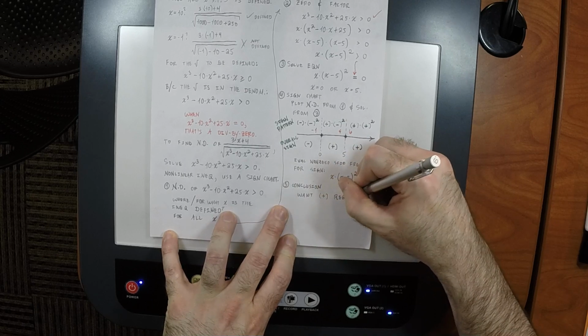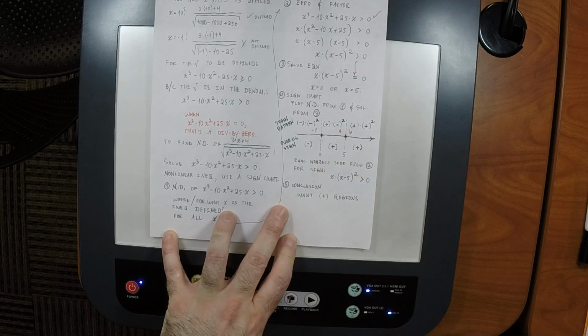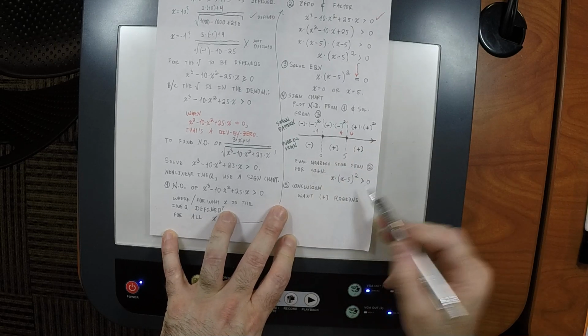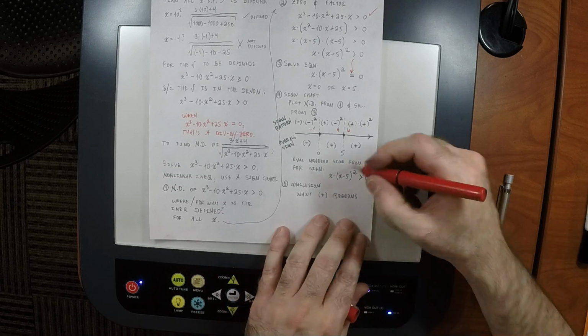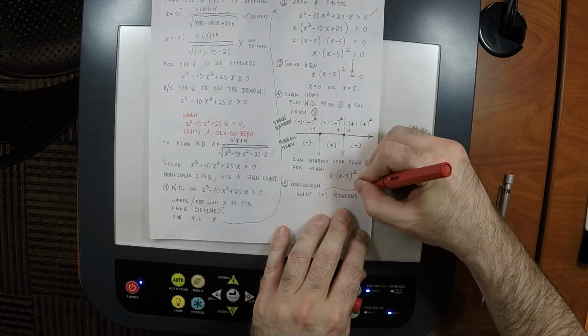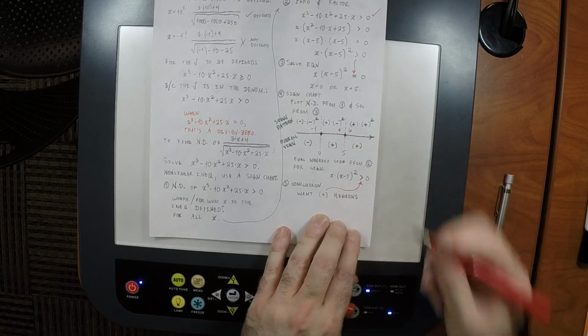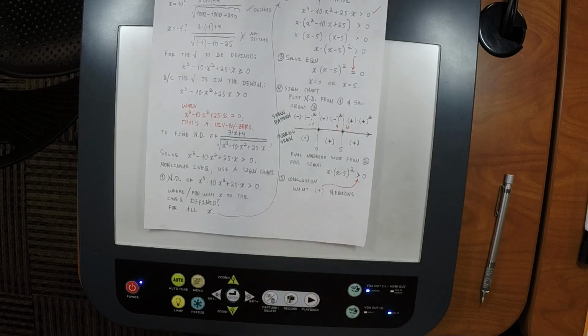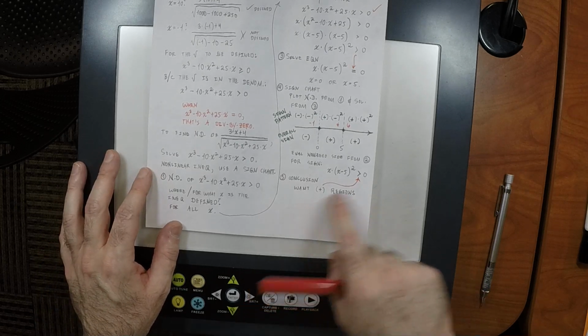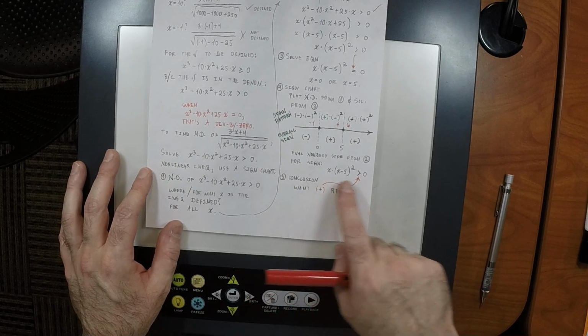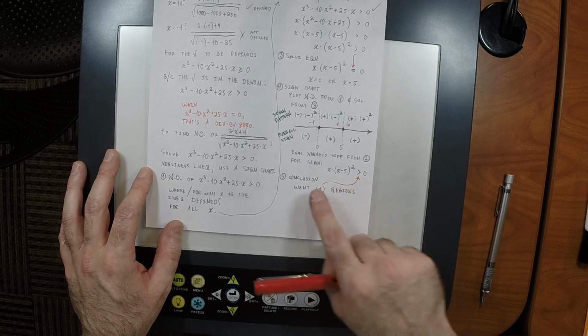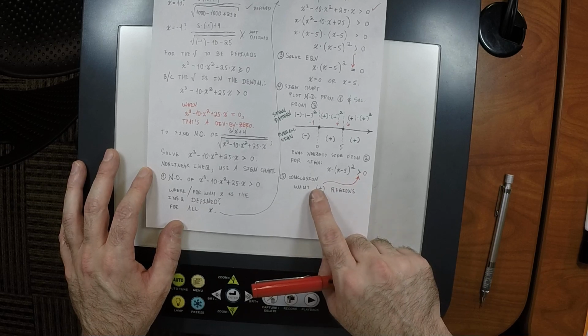And why is it that we want the positive ones? Because our inequalities are greater than. Exactly this. Because remember, in the end, what a sign chart is doing is it's solving an inequality. That's what it's doing. So all of the questions in the end refer back to the inequality. The inequality says blah blah greater than 0. So we want the positive regions.